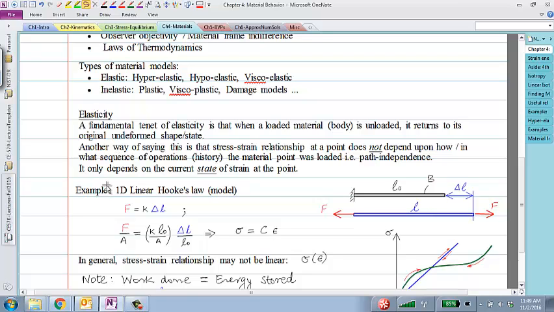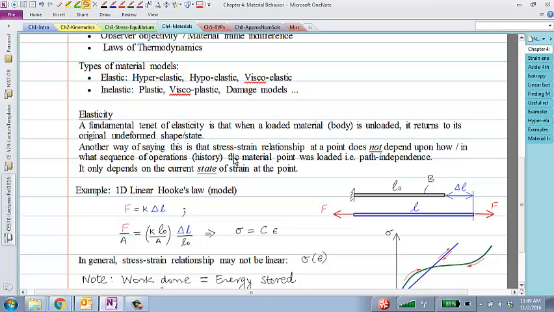But there are some consequences of that. One of them is that an elastic material is not history dependent or path of loading dependent. It's path independent, meaning that if I have this elastic body and I am going to apply a load of say 100 newtons onto this body at the tip, then whether I apply that 100 newtons in 10 newton increments or 100 newton increment or minus 100 and then plus 200, it doesn't matter.